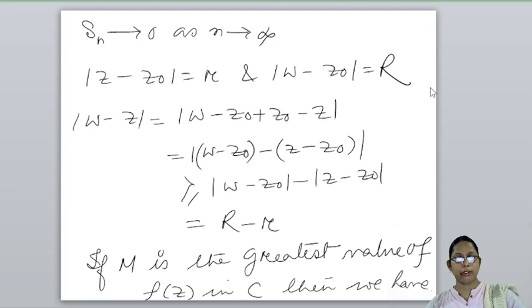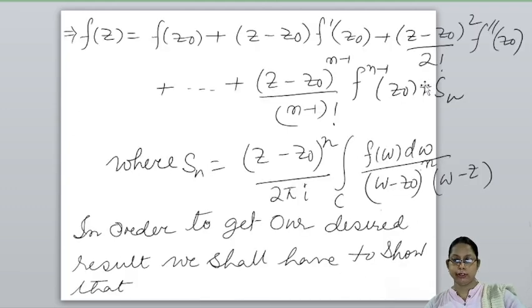Let us check whether it is correct or not. Here it is correct.